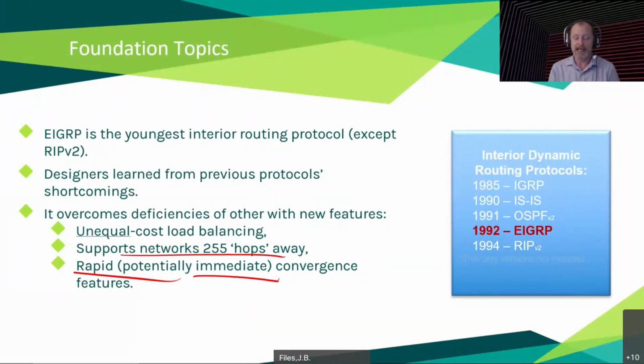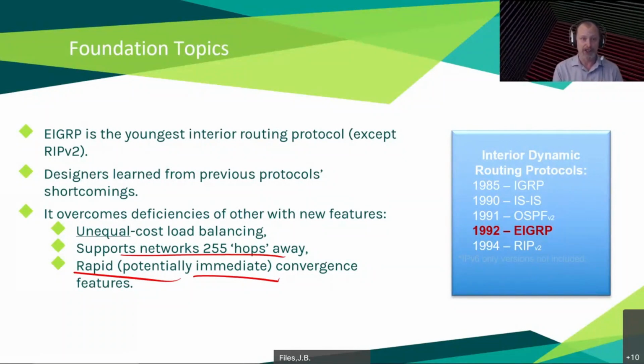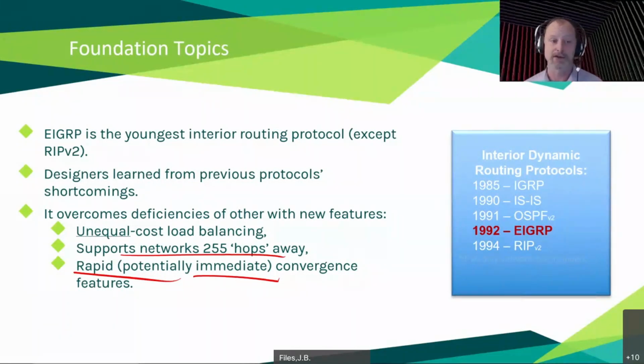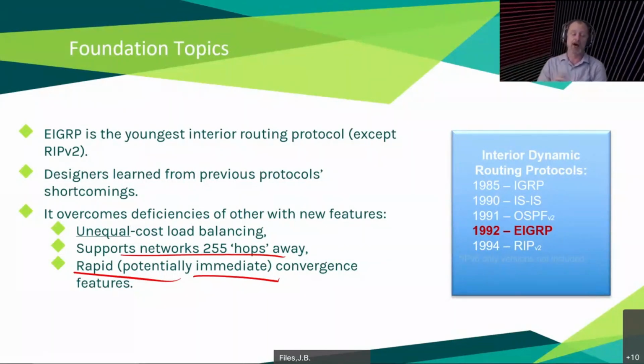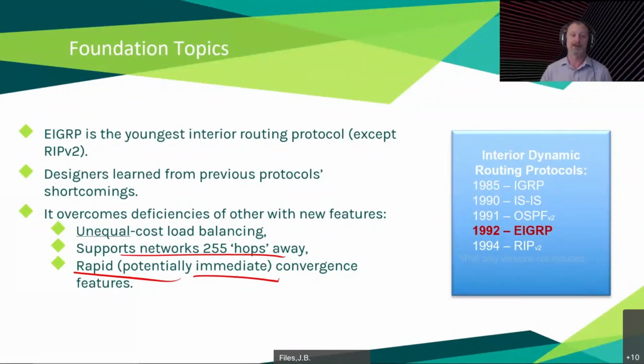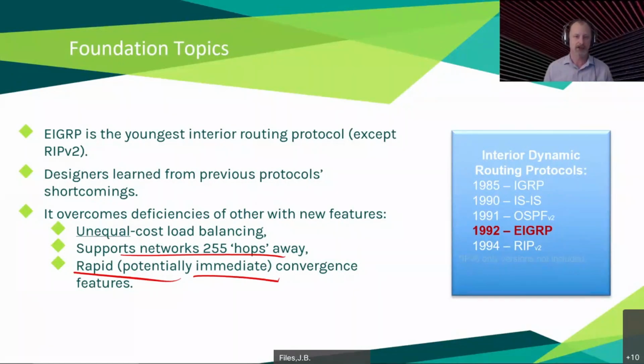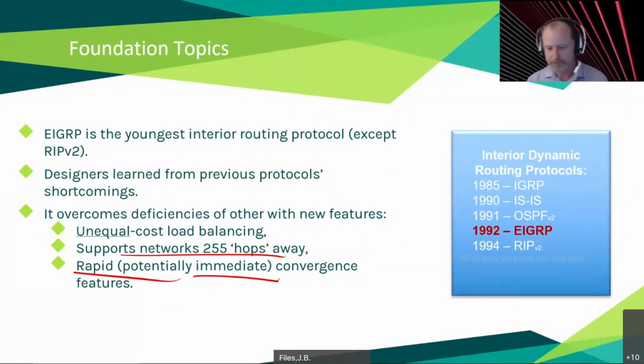And it can have immediate convergence for backup routes, where if a route goes down, we can slam a route into the routing table immediately if the conditions are right.